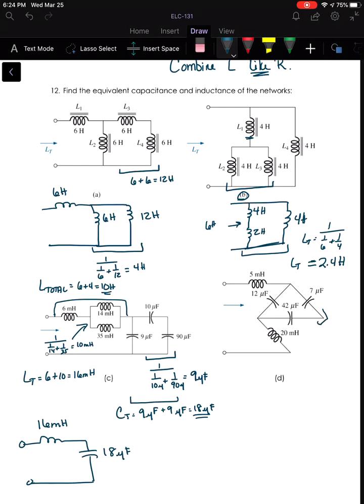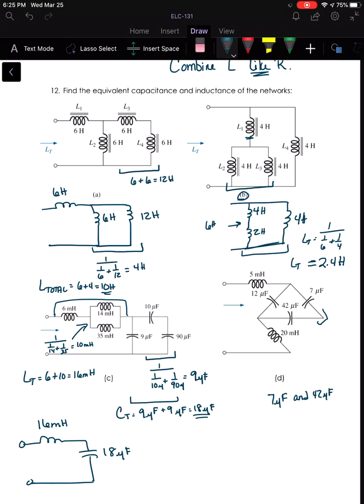How about what's going on with this one over here? We've got the 7 and the 42. And those are in parallel. Okay. But remember, we combine those like we did. No, those are, I'm sorry, those are in series.